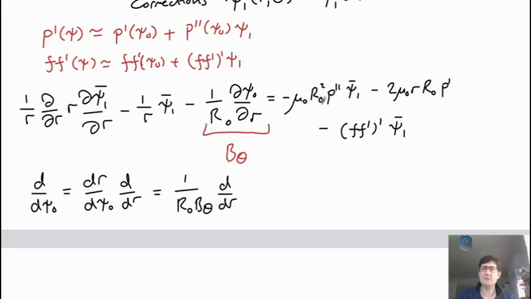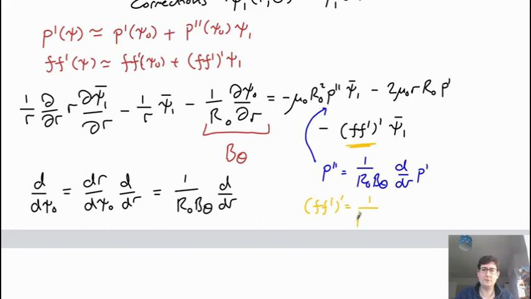And so this allows us to write p double prime. So that's the p double prime part, and we can write this as ff prime, so we have 1 over r b theta, and then we have this derivative in psi naught becomes a d by dr, or just ff prime.